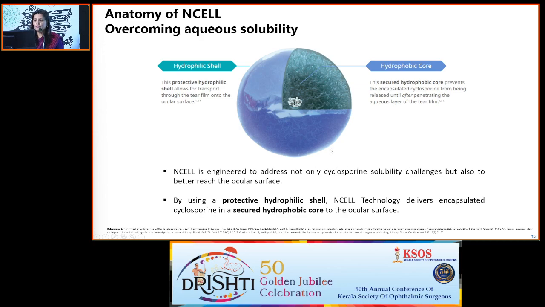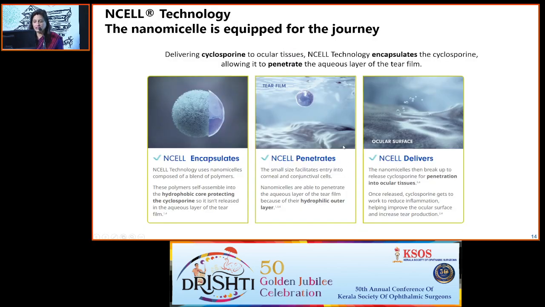Because of this, the penetration is also faster and it acts faster. Again, this is to show that this nano-micelle encapsulates the drug, and the hydrophilic shell gets dissolved. So with the nano-micelle technology, the cyclosporin penetrates inside and then gets delivered onto the ocular surface.